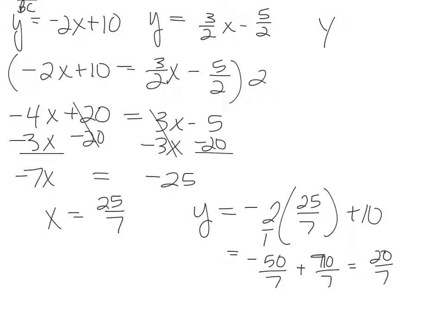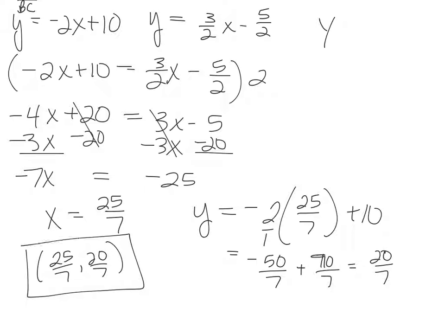So my ordered pair here is 25 over 7 and 20 over 7. That is the y on the graph. Oh, that was hard. Good job. I'm happy they didn't give us a super easy as pie problem and then put a super duper hard one on the problem set.